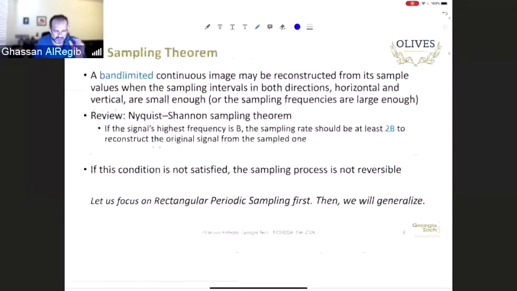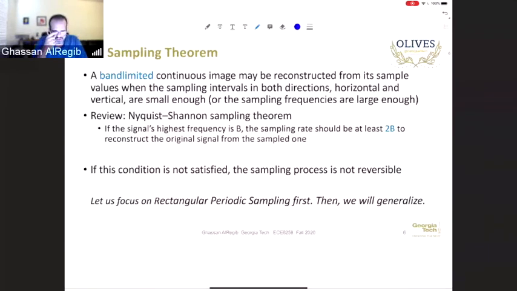We can revisit the sampling theory, but now we bring in the two-dimensionality, which doesn't really affect much what you studied in undergraduate. If you remember, a band-limited continuous image or signal may be reconstructed from its sample values when the sampling intervals in both directions, horizontal and vertical, are small enough.